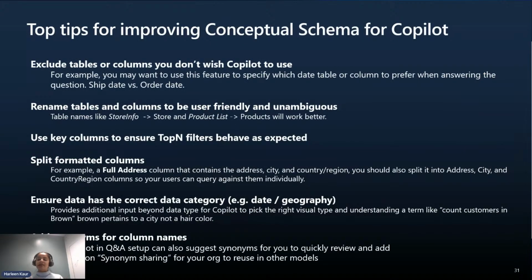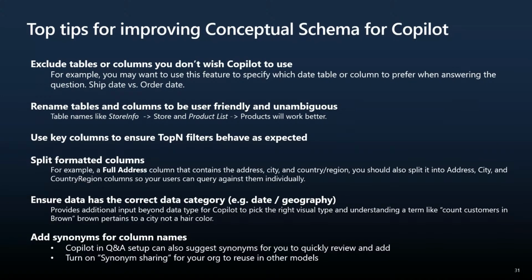With that, these are the last few slides. I wanted to share the best practices that we recommend you follow for optimizing Copilot performance, so that Copilot can give you the correct answers that you're looking for. For that, first ensure the tables have relationships.